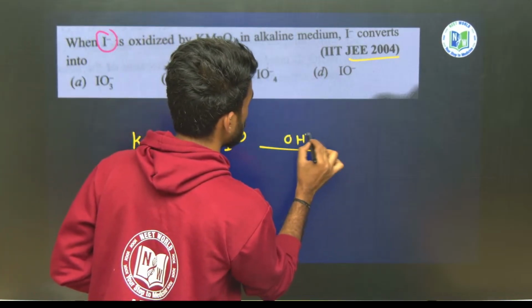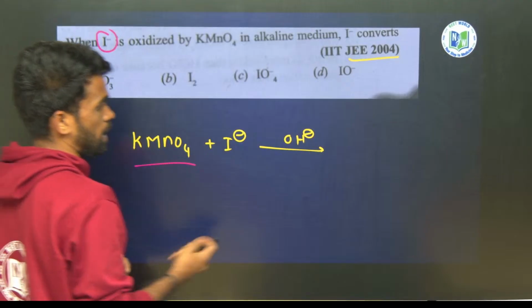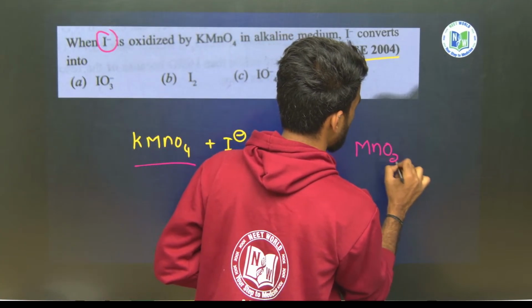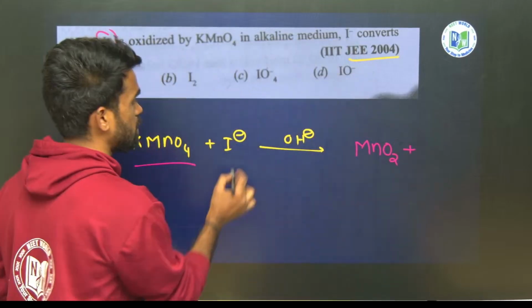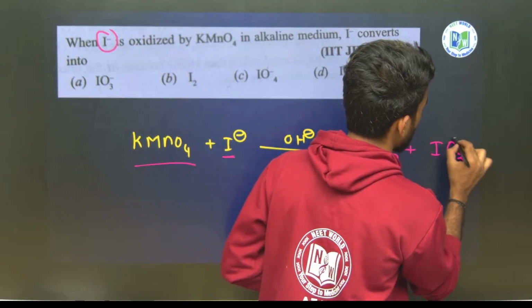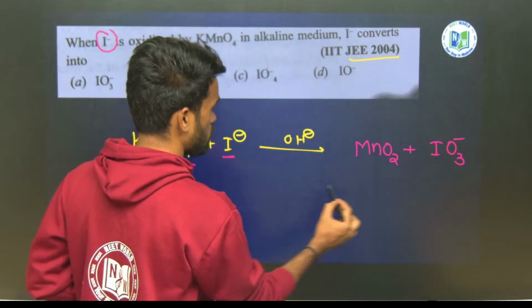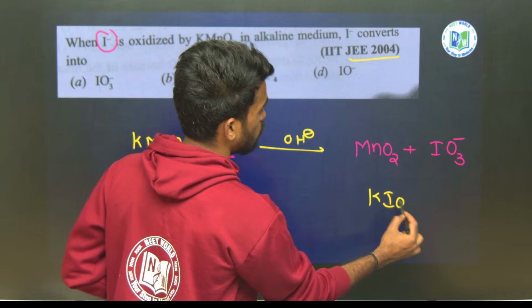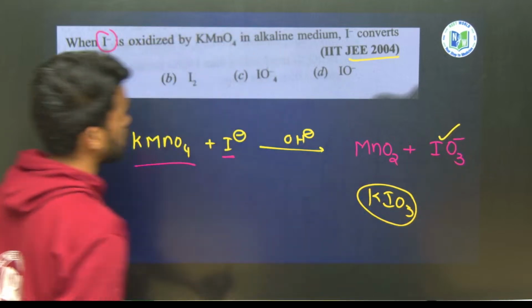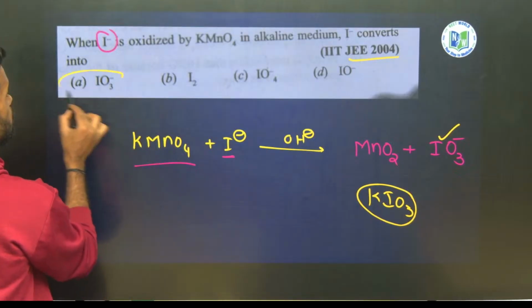So what happens here? Mn +7 converts into Mn +4, so we will get an MnO2 type product, and the I minus converts into iodate, IO3 minus. Here potassium is there, so KIO3 will be the product formed. So the first option will be your answer.